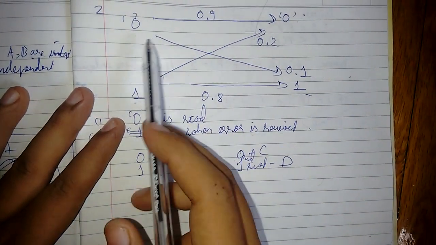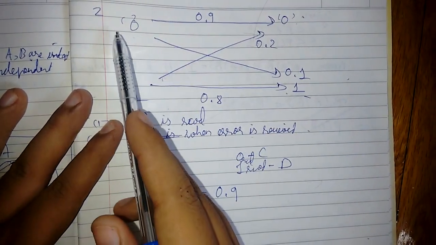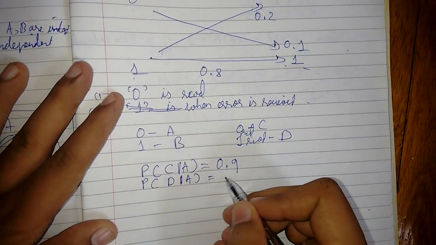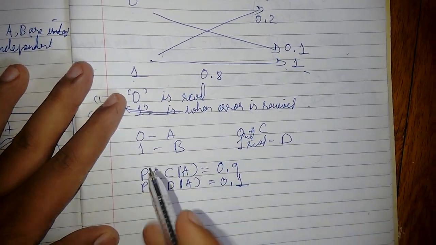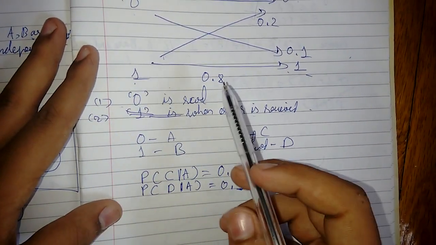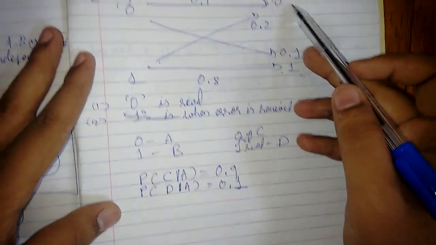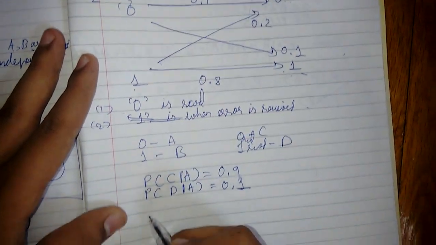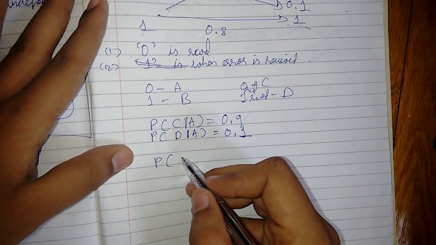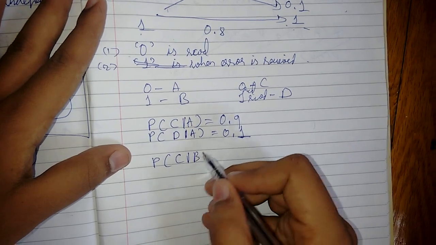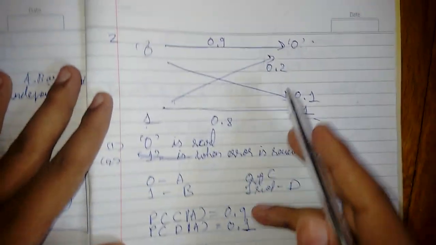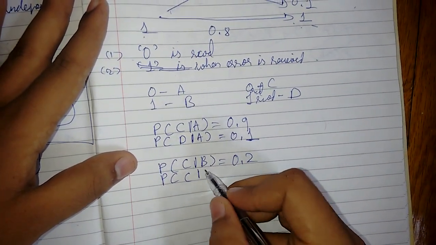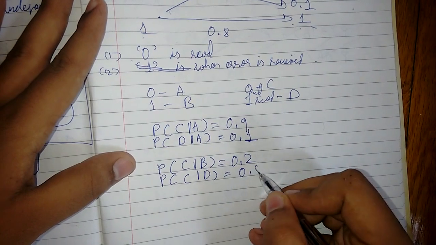Similarly, when 1 is received while we are sending 0, it is given by event D occurs when event A has already occurred, is 0.1, right? We can do this for 1 also, which is event B. When event B has occurred, if we have received 0, that is event C, and if we have received 1, that is event D. So event C given event B has occurred is 0.2, and 1 is received when 1 is sent is 0.8, right?